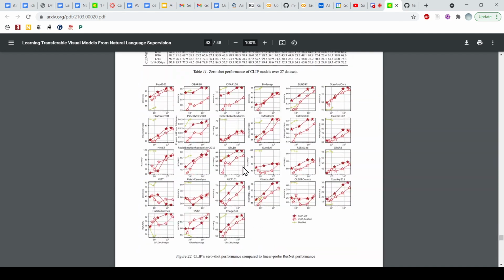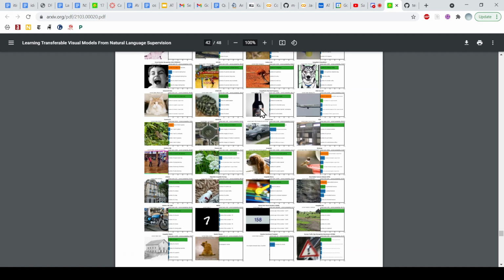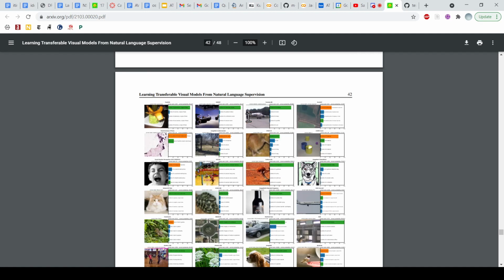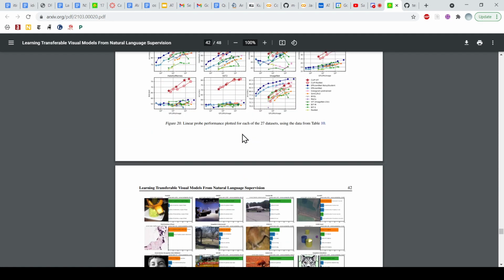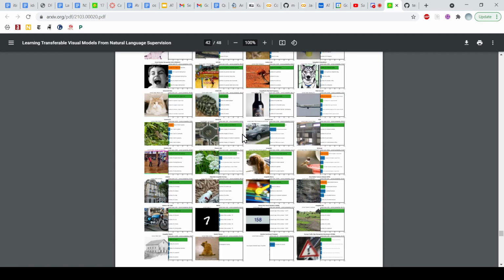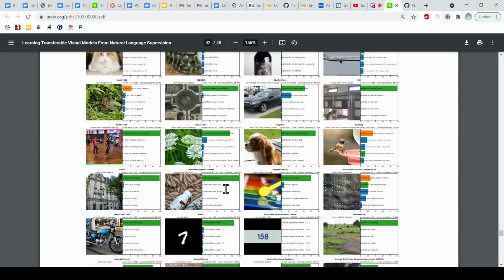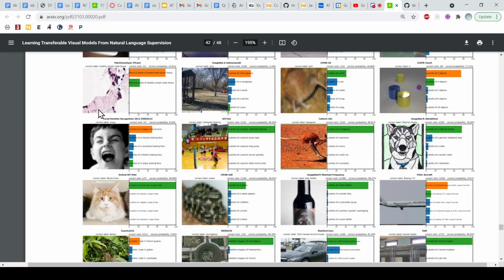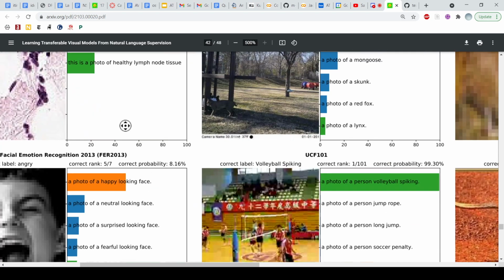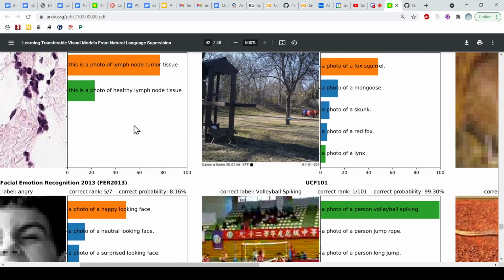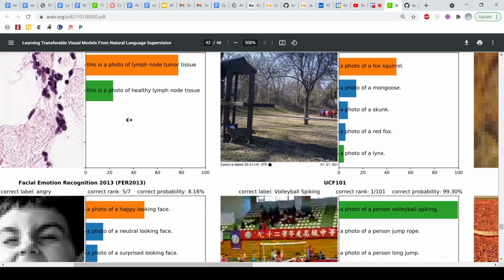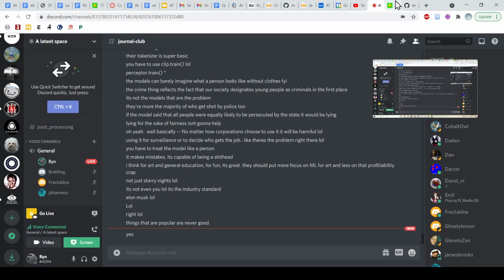I don't think that CLIP is gonna diagnose tumors like a radiologist would, but it's very interesting to think about the fact that CLIP can figure out that this is not a photo of healthy lymph node tissue, but a tumor in the lymph node. That's amazing. I mean, holy cow!